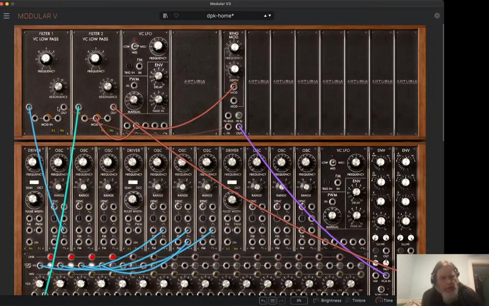In turn, the output of the frequency filter from that sawtooth is going into a ring modulator that in turn is output to the amplifier here.